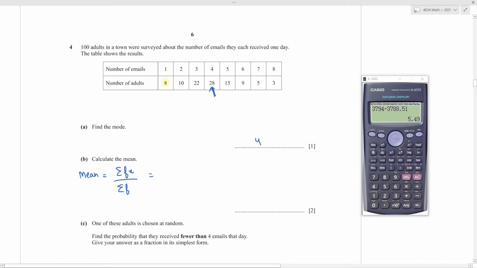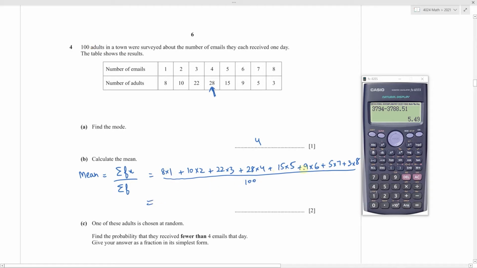So frequency is 8 multiplied by 1 plus this 10 multiplied by 2 plus 22 times 3 plus 28 times 4 plus 15 times 5, 9 times 6, 7 times... plus 5 times 7 and plus 3 times 8, and then divided by sum of all the frequencies, which we already know is 100.